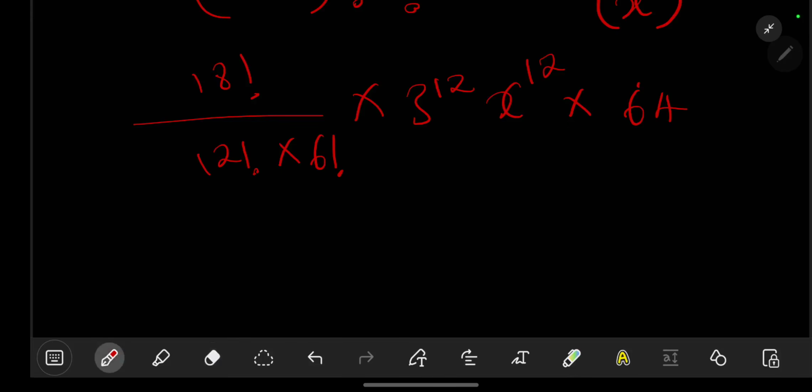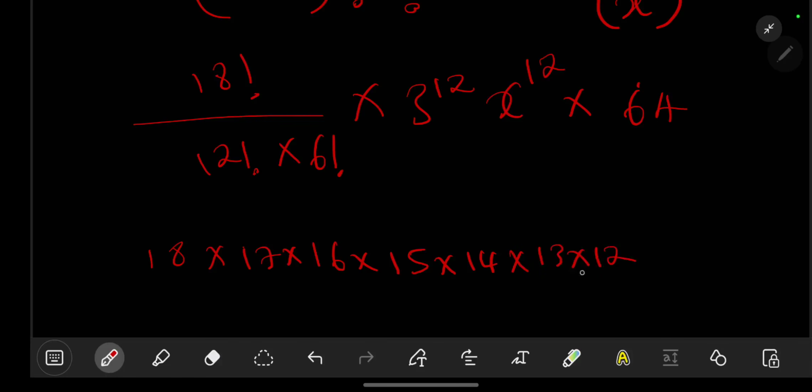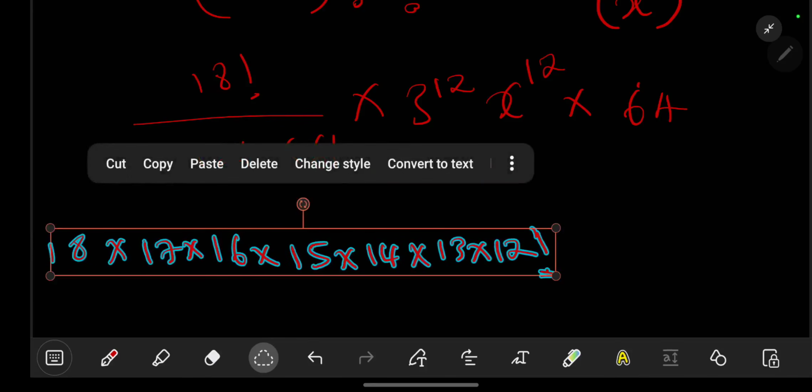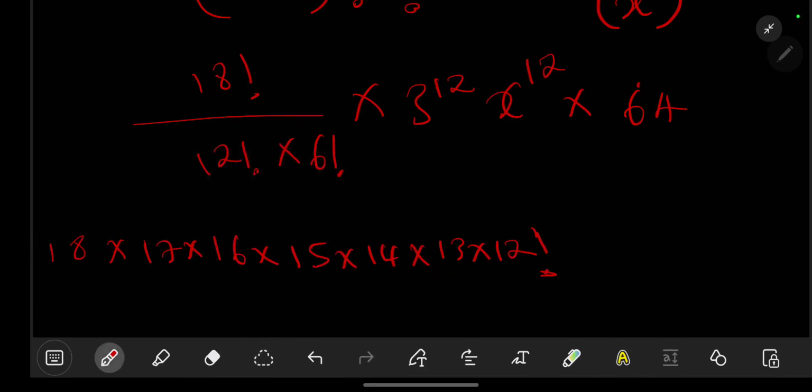So this one now, 18 factorial will be 18 times 17 times 16 times 15 times 14 times 13 times 12 factorial, because we have a 12 there. Let's just move this a bit. So if we move it here, we have 12 factorial there.